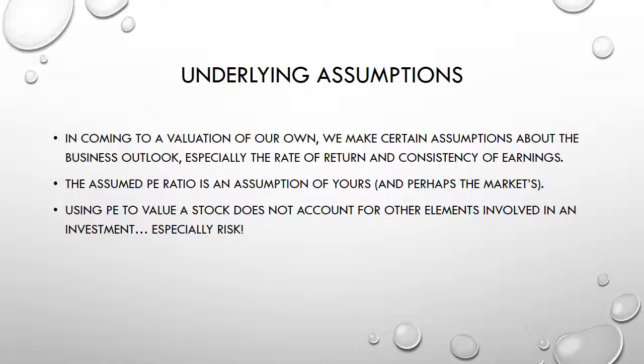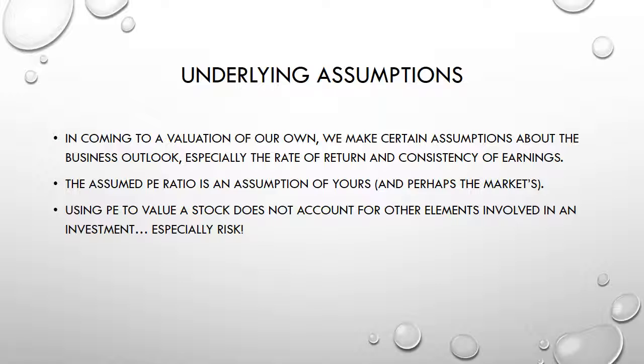So not just outlook, but also the rate of return and consistency of earnings. The PE ratio tends to be a lot higher when the market and the investors have greater levels of optimism in the business, right? And the assumed PE ratio is often an assumption of yours and perhaps even the market's.